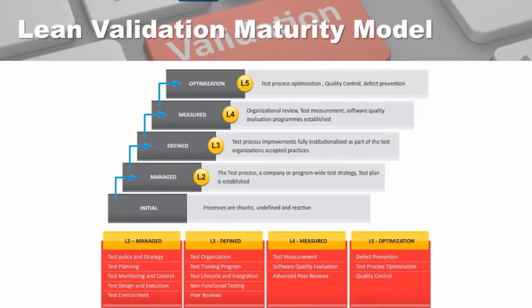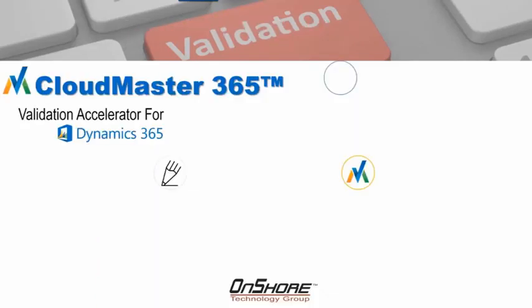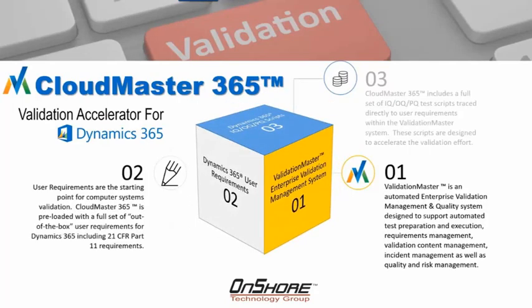So how do we validate Dynamics 365? Well, first, we have a solution which is really a validation accelerator for Dynamics 365 called CloudMaster 365. And it consists of 3 components. Number one, we talked about validation automation before.